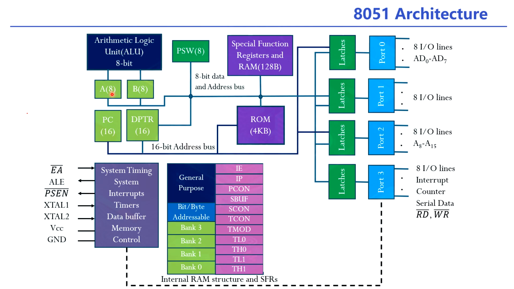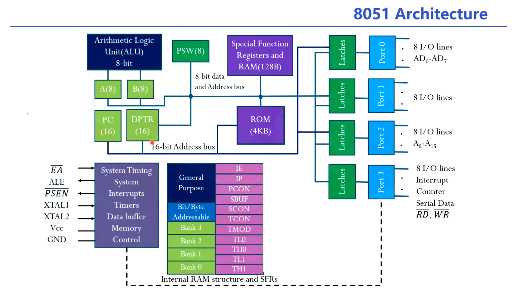A is also a register, an 8-bit register. B is also an 8-bit register. Remember, some more registers are also used in this 8051 microcontroller. DPTR, that is the data pointer. Generally, we will use this DPTR for addressing.